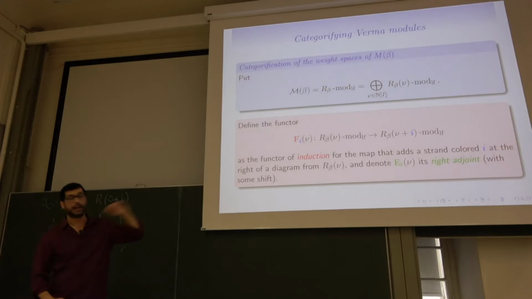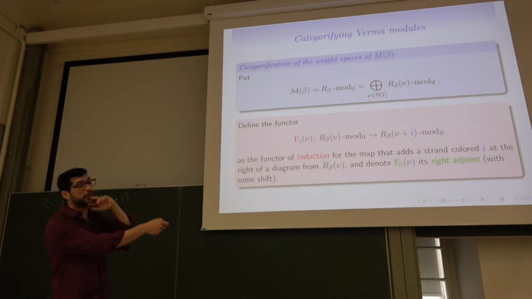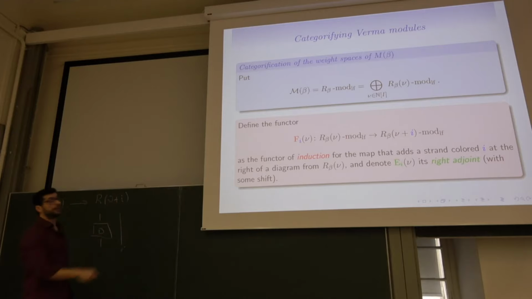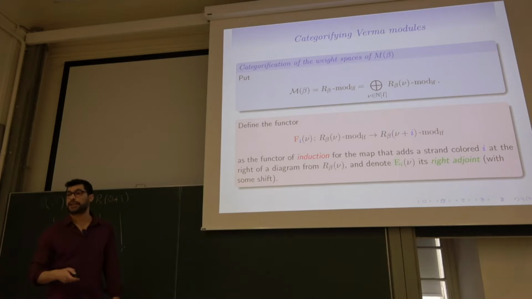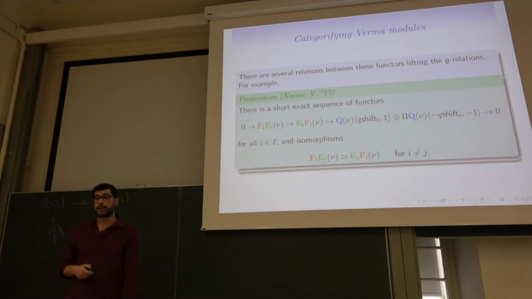Okay, so we want to define an action on the algebra. There's no differential here, so the enhanced algebra. So we do the same thing. We add a strand to the right and call the functor it gives rise to F, and the adjoint we call E. Now, these functors are also nice, but not as nice as in the previous case. So they satisfy a short exact sequence.